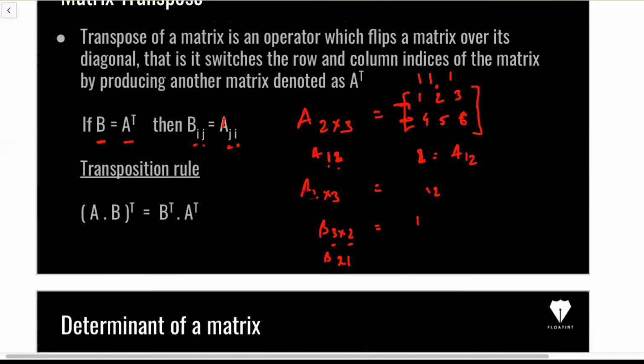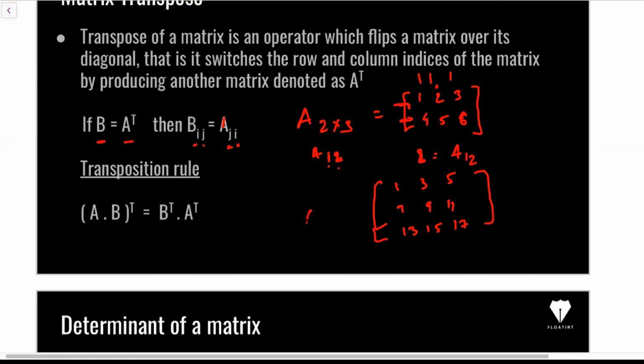But what happens when you have another example, which I want to give you, where it's a 3 cross 3 matrix? So 3 cross 3, I'll just take 1, 3, 5, 7, 9, 11, 13, 15 and 17.